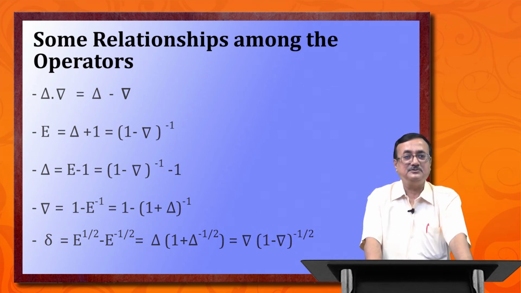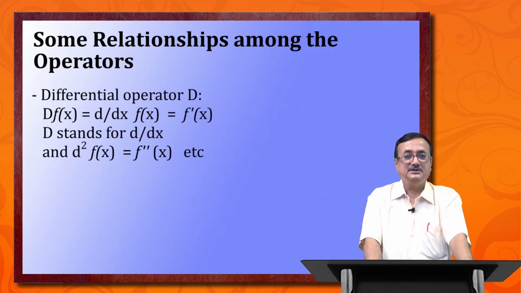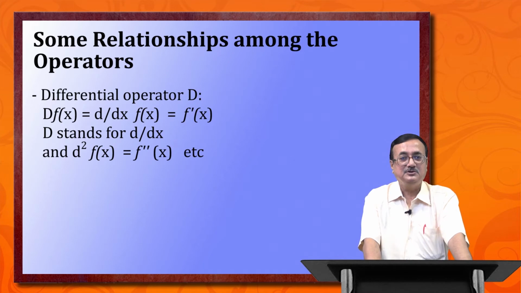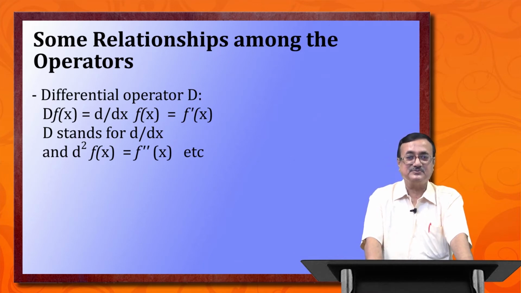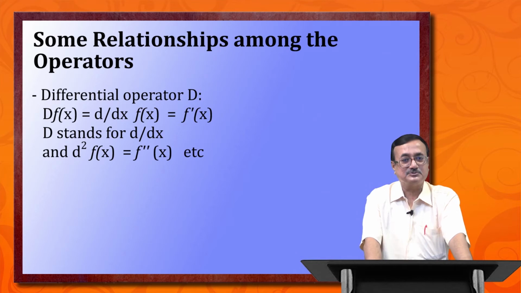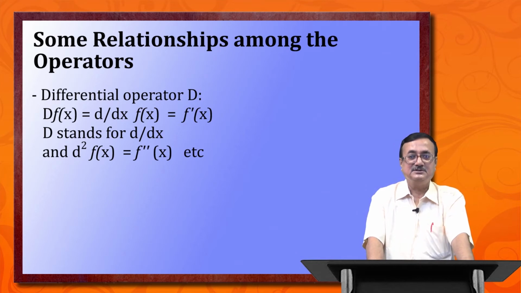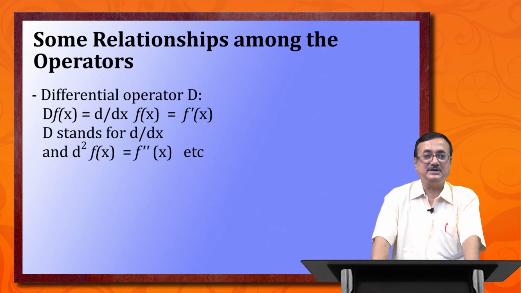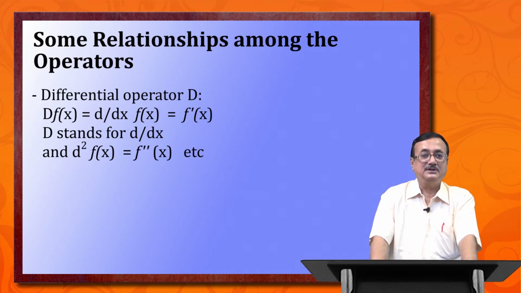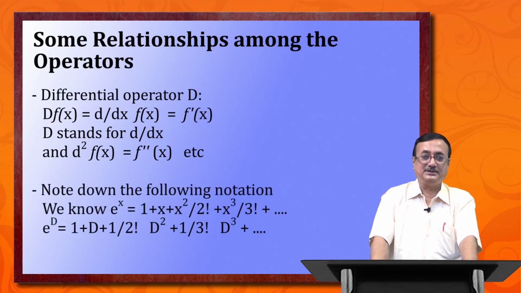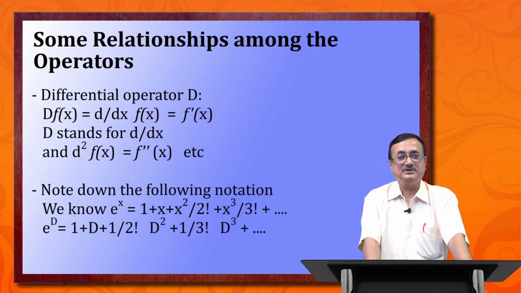There is another operator which is known as the differential operator. You may know that the differential operator is represented by D, which means d/dx. D stands for d/dx, that is, the derivative of f(x) with respect to x. This gives us f dash x, and D square f(x) is nothing but f double dash x, etc. Now, one important thing I would like to mention: we know that the exponential series e to the power x is given by 1 plus x plus x square by factorial 2, etc. You know this series.